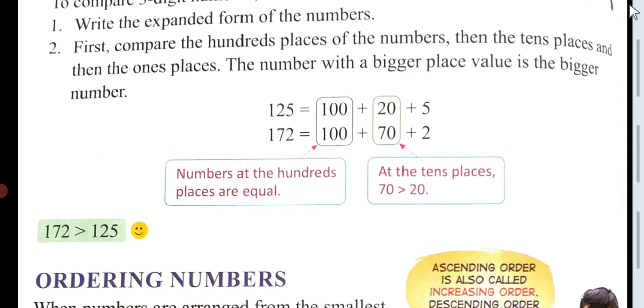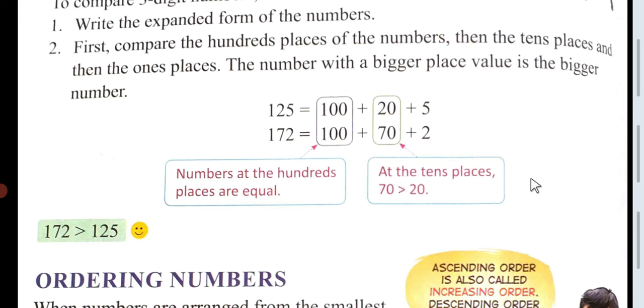So you can see here, 125. You will write 100 plus 20 plus 5, and here 172 is 100 plus 70 plus 2. So the numbers at the hundreds place are equal. You can see 1 is equal, that means the hundreds places are equal.